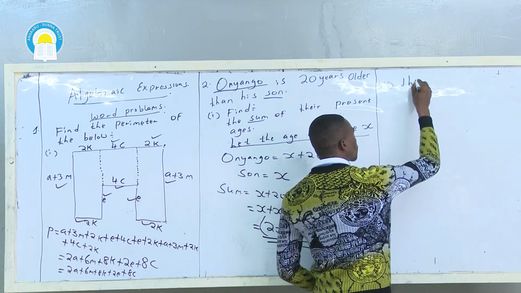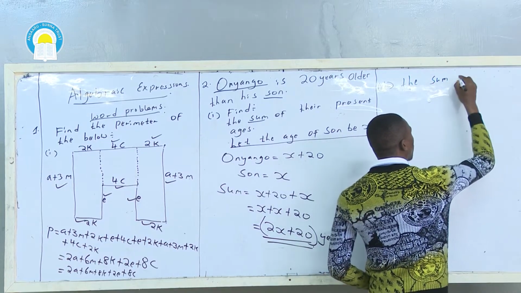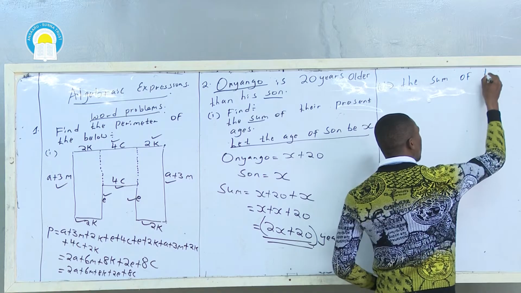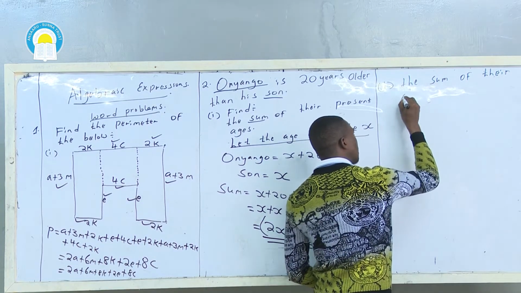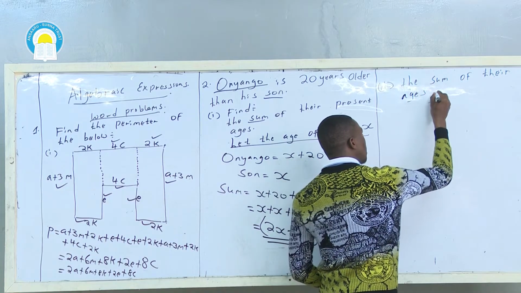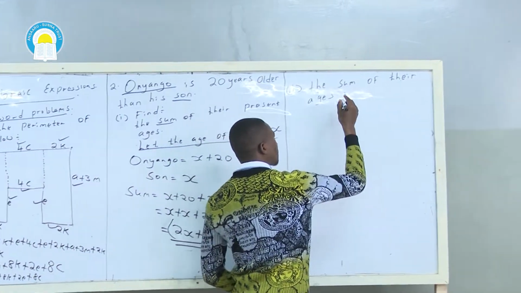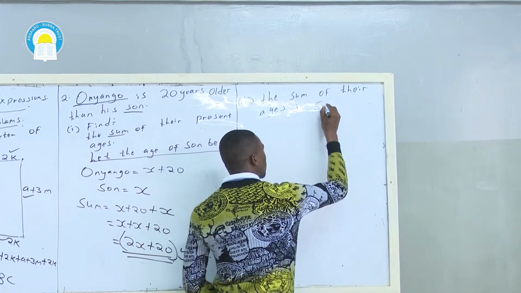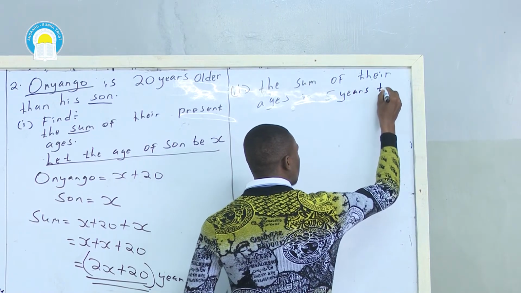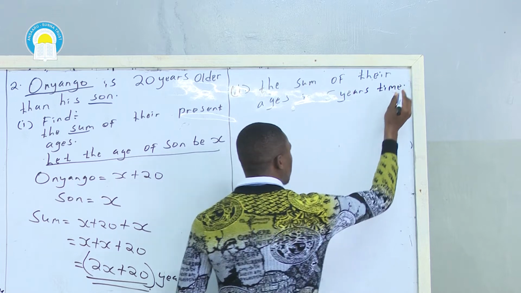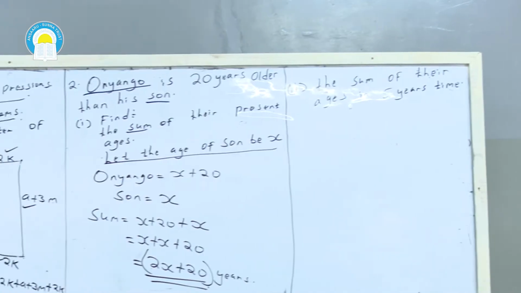They want you to find the sum of their ages in 5 years time.